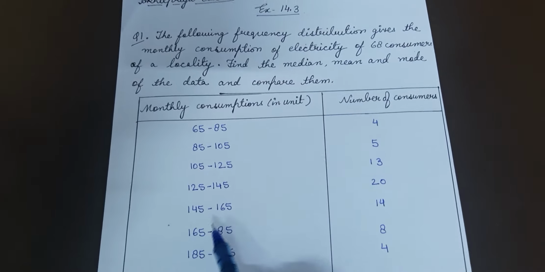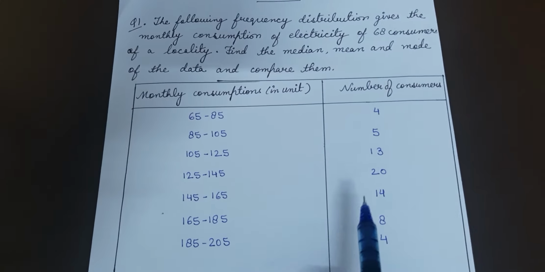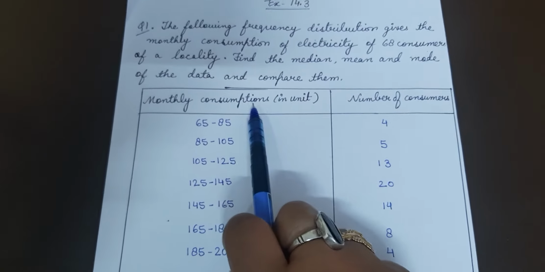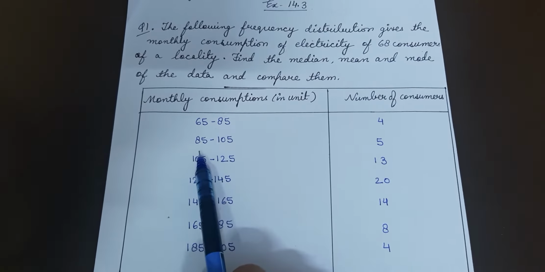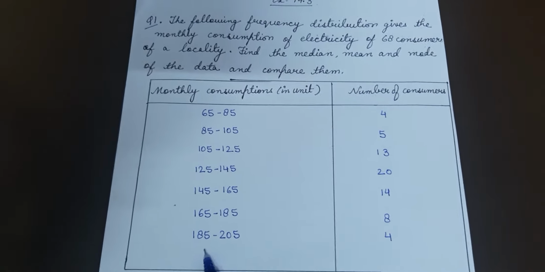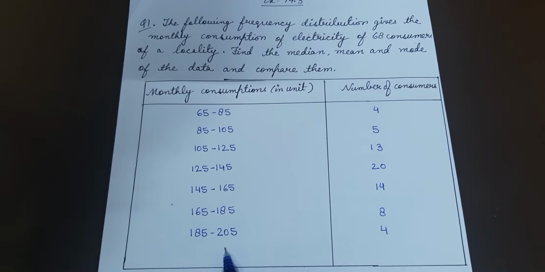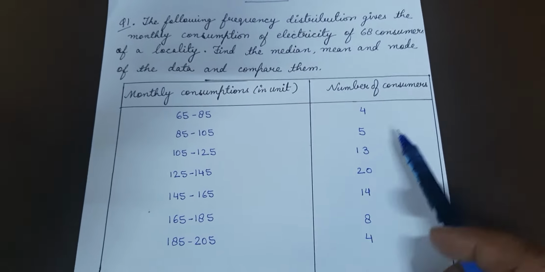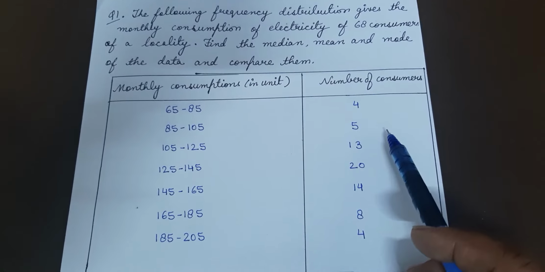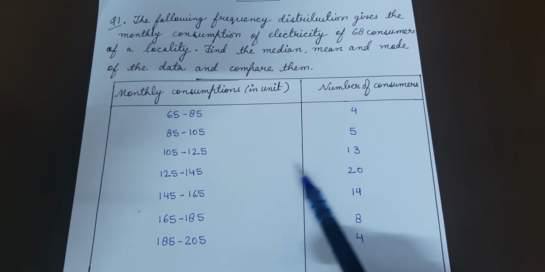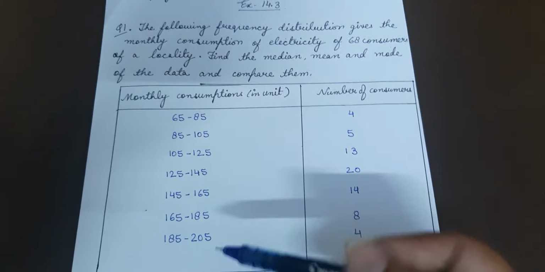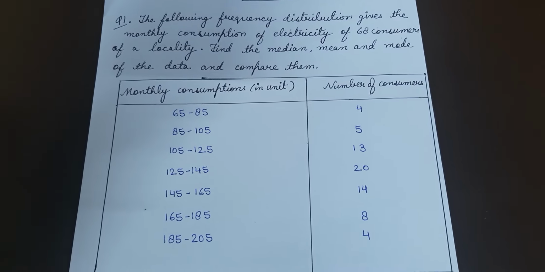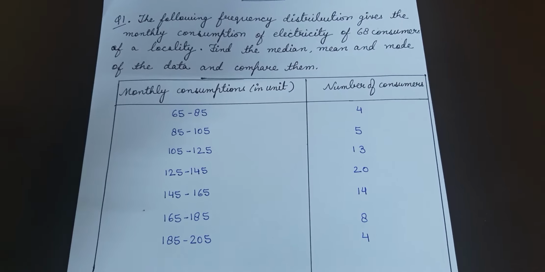So here we have the frequency distribution table in which monthly consumption is given like 65 to 85, 85 to 105, up to 185 to 205. The respective number of consumers is written in front of each class. The width of these class intervals is equal to 20.